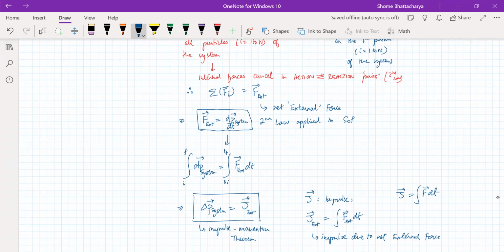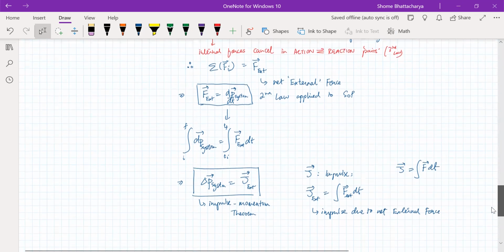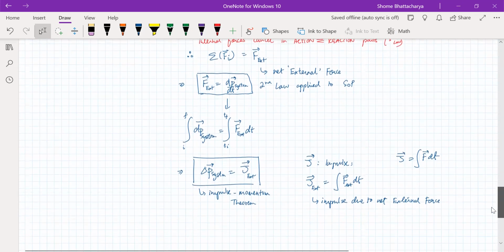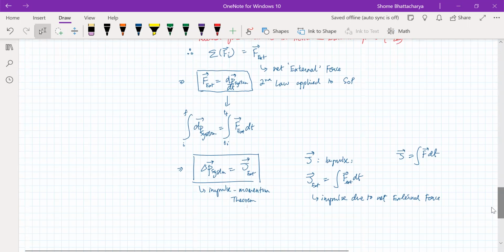And further, as an application of this theorem, we can see that if we have a system where there is no external force, so net external force is zero, then for such a system the impulse due to external forces will be zero. So the momentum of the system is conserved.